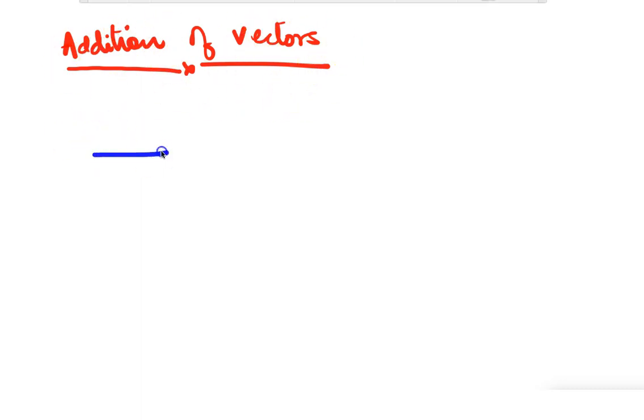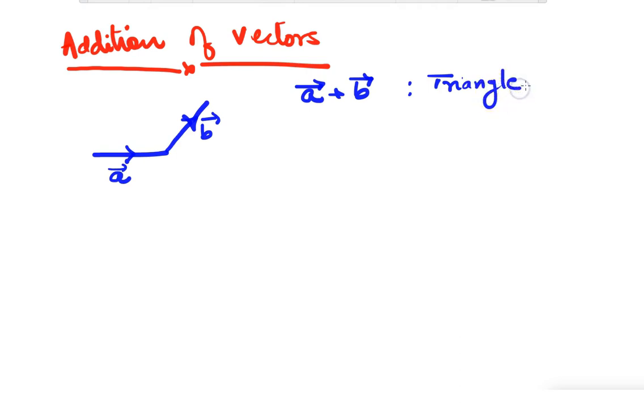So if you have a vector A and a vector B, and if you want to find out what is A vector plus B vector, then there is a rule called triangle rule for addition of vectors.